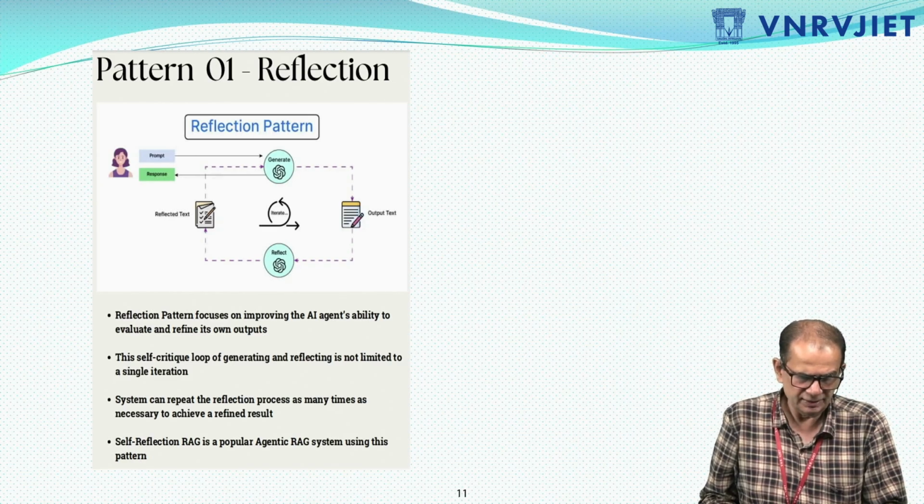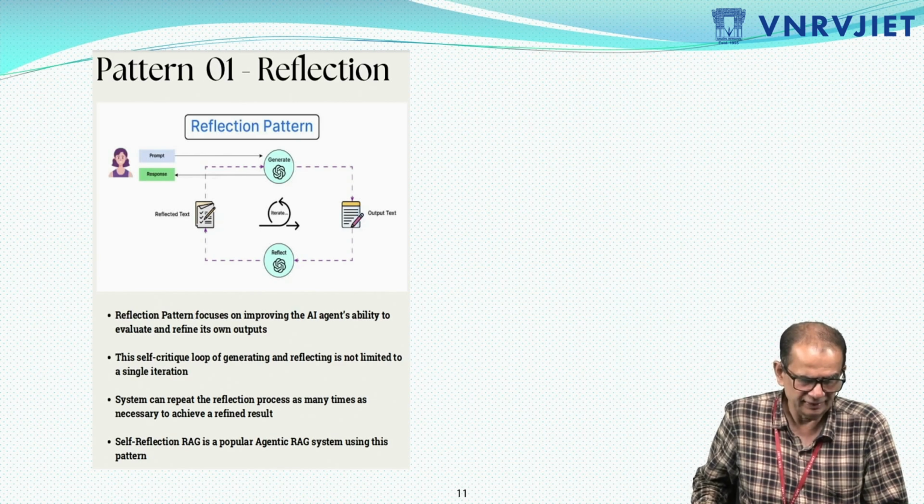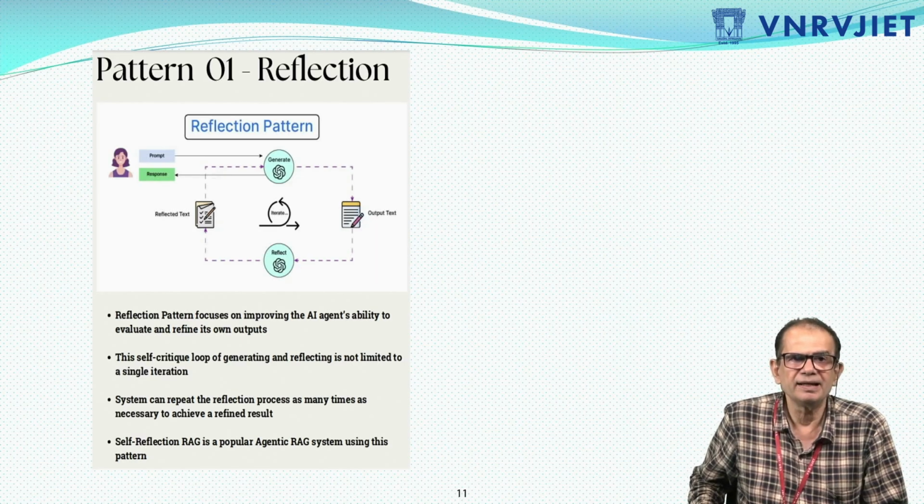The system can repeat the reflection process as many times as necessary to achieve the refined result. Self-reflective RAG is a popular agentic RAG system using this pattern. This is a typical example.